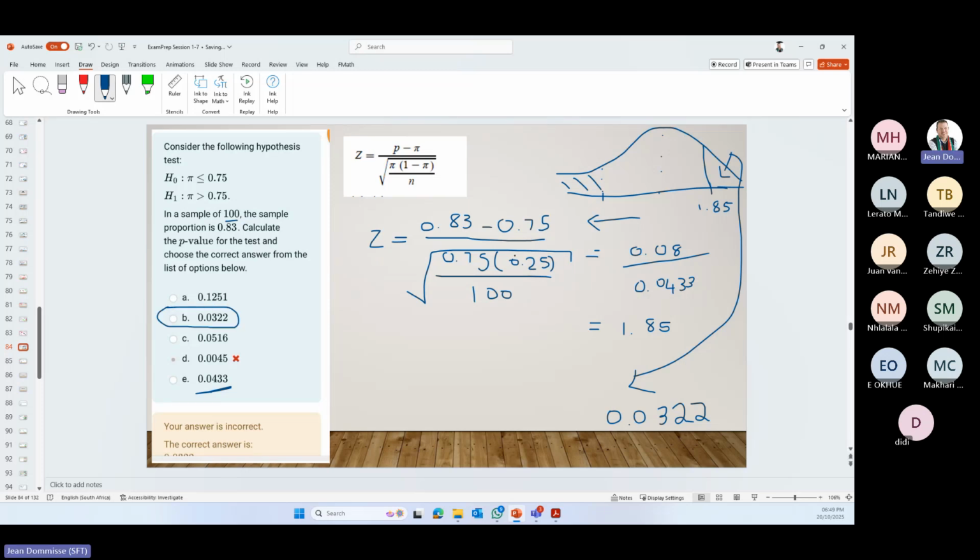I'm still worried, but 0.0322 is that side. If it was two tail, let's just quickly see, 0.0644.